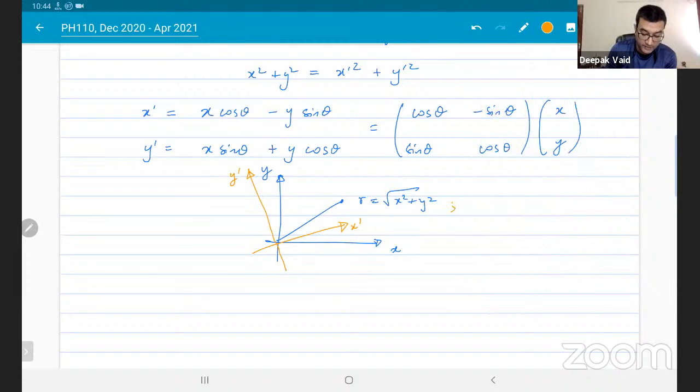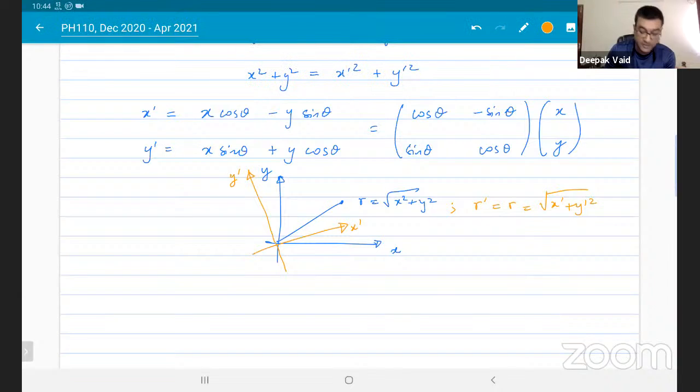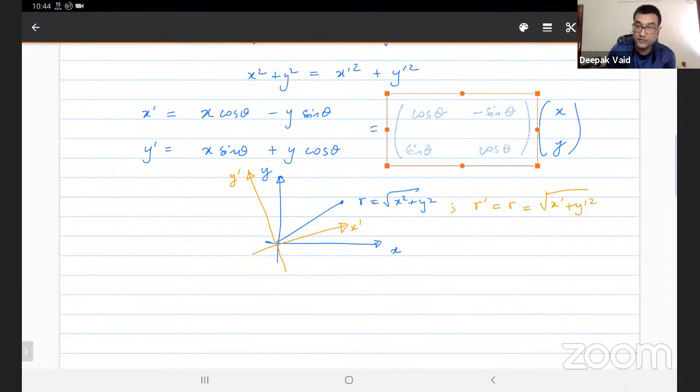It is labeled by a different set of coordinates now, x prime, y prime. But the radius R prime, given by x prime squared plus y prime squared, doesn't change. So if you want a transformation between x and y which preserves this expression, that transformation should take the form of this rotation.